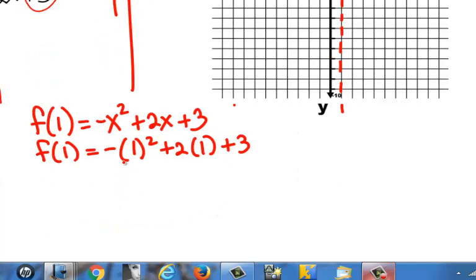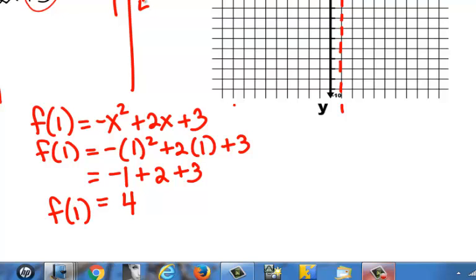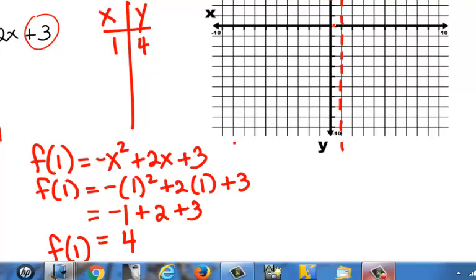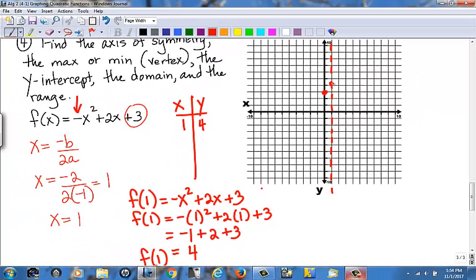I'd have 1 squared, which is 1, times the negative, is negative 1, plus 2 plus 3. So I get negative 1 plus 5, which is 4. So f of 1 is 4. So my vertex point is 1, 4. Go to the right 1 and up 4. That's where it starts. That's actually going to be the max.